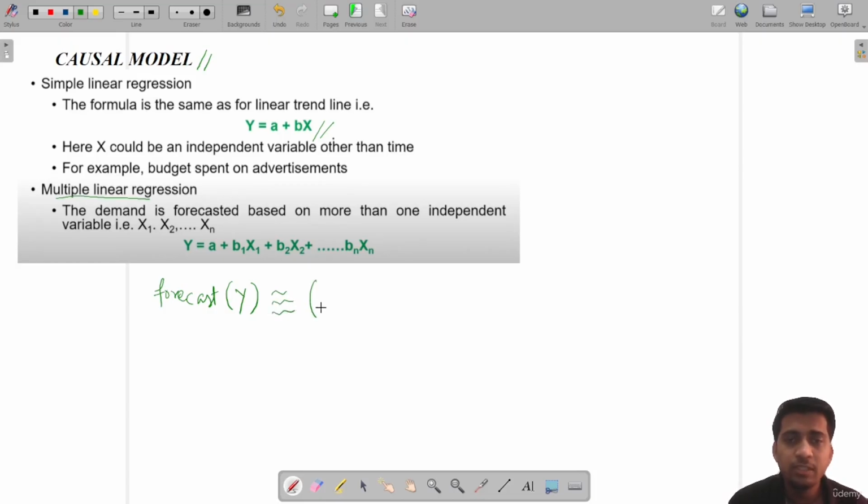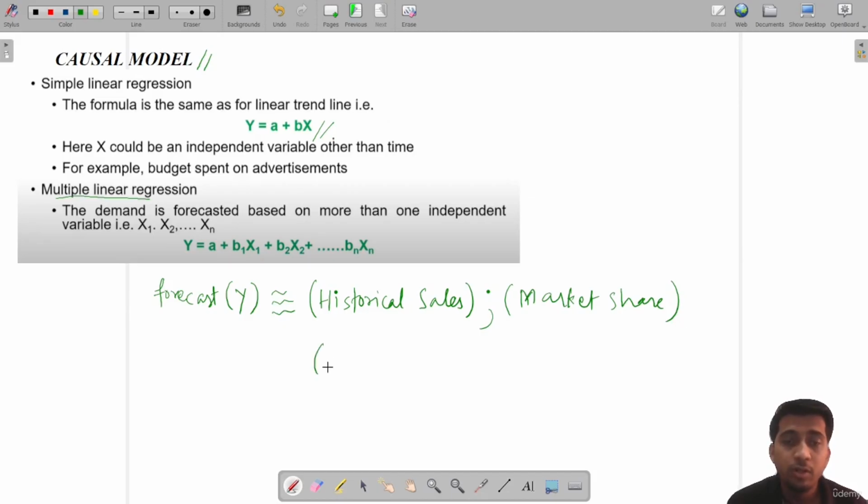So along with the historical sales that has happened, it also depends upon the market share, it may depend upon price, it may depend upon how much promotion spend you are doing, and you can keep on adding multiple variables.